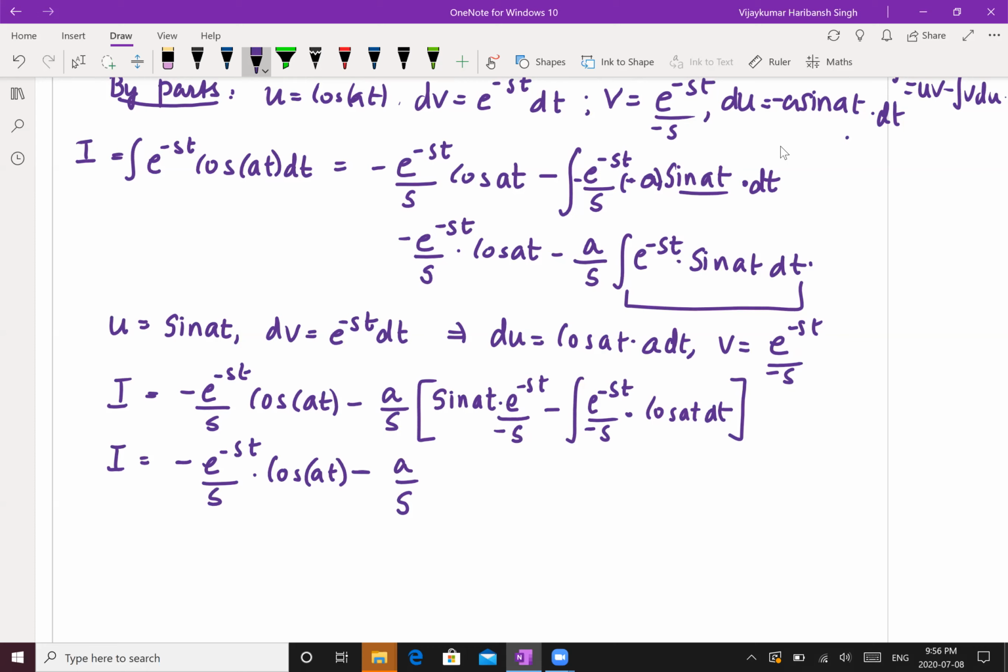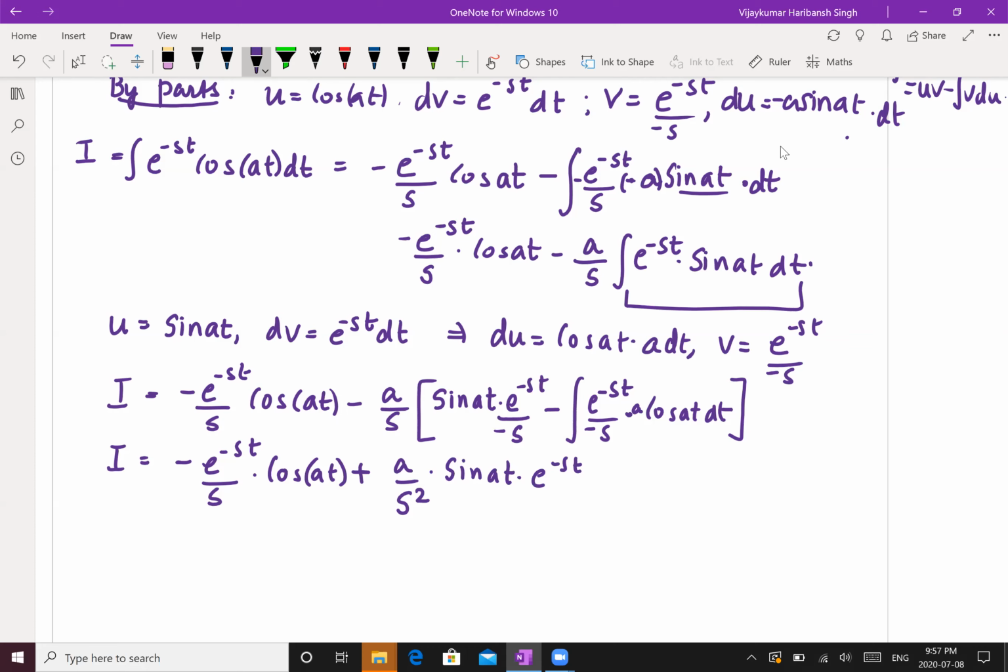So minus of minus makes it plus. So plus a by s square times sine at e to the power minus s. And then here you have a. So let's see, what do we get?